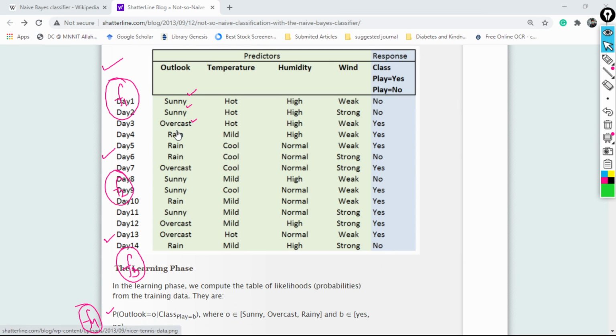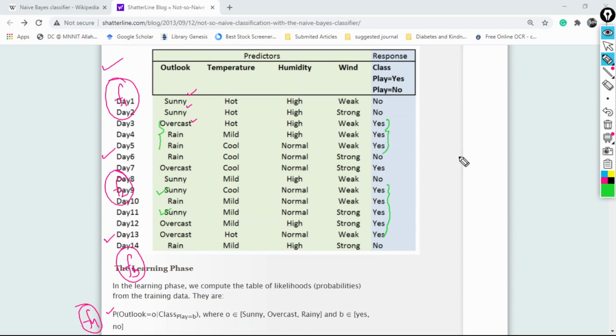Overcast, yes, these 3 ones are yes. Among these 3 ones, is there any sunny? No, there is no sunny. This one is yes, this one is yes. So let's see in this yes how many are sunny. This is sunny, one, this is sunny, only 2 are sunny.